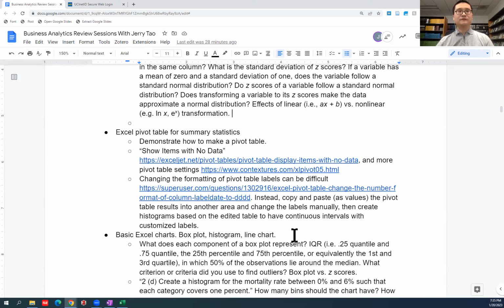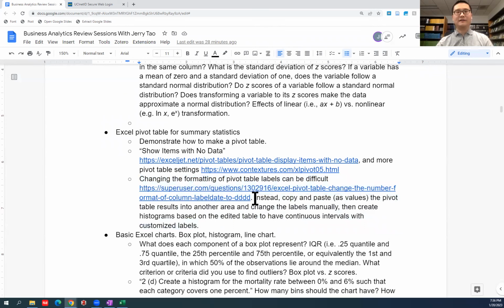Wonderful. Let's move on to pivot tables, unless you have additional questions regarding these scores. I have included a few links for pivot tables, particularly about how to show data when the count is 0 and how to change the format of pivot table labels, which is slightly not so straightforward.